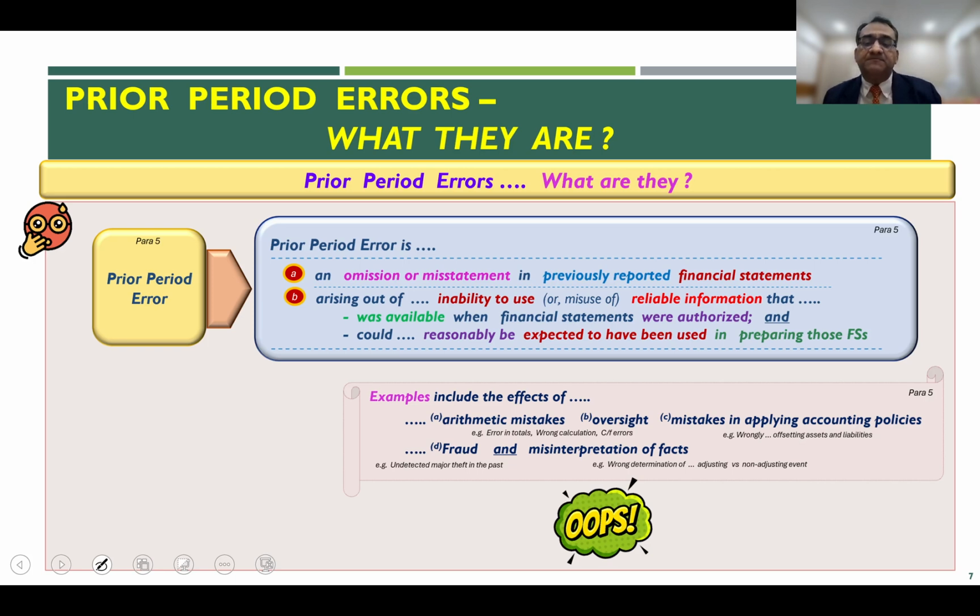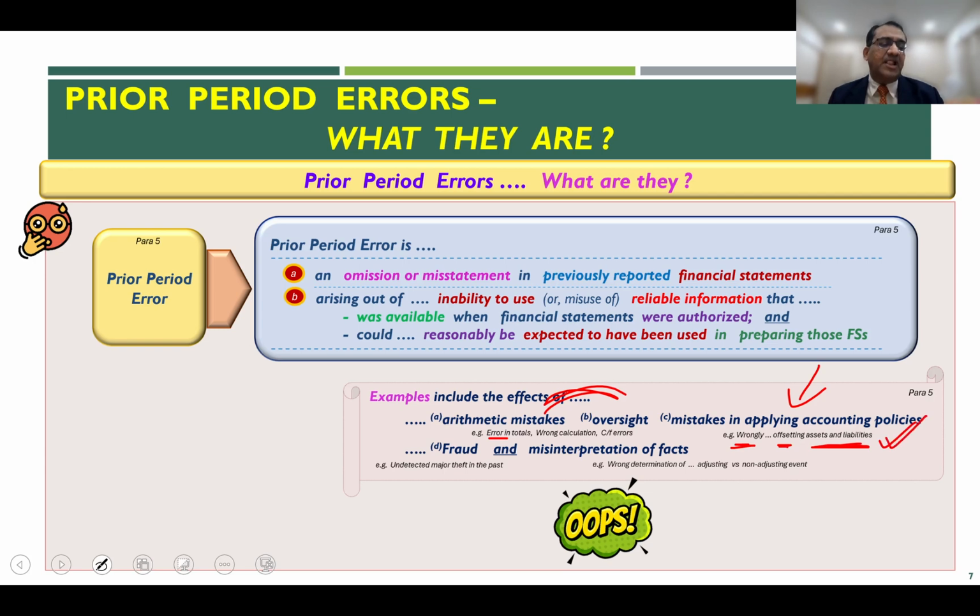For example, when it comes to arithmetical mistakes, it could be errors in casting, errors in calculations, or errors in, let us say, carry forward of the numbers from one year to another year. This can be because of arithmetical mistakes or oversight. Or mistakes could be in applying the accounting policies. For example, you have wrongly offset certain assets and liabilities.